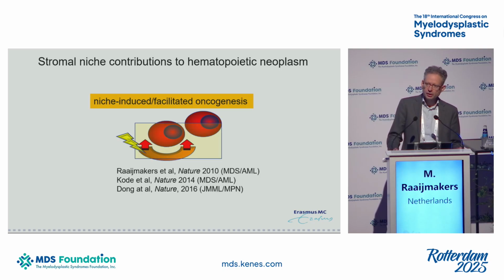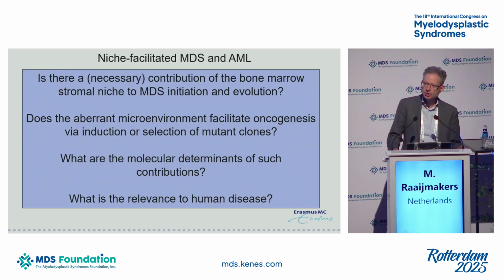And this again is mouse models that have shown this, and typically in the context of MDS, AML, but also CMML. But coming from these mouse models, I think there is a number of questions that should be asked, and these are the questions that my lab and other labs are working with.